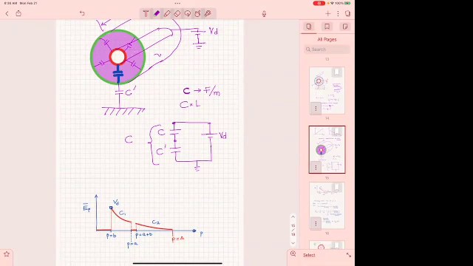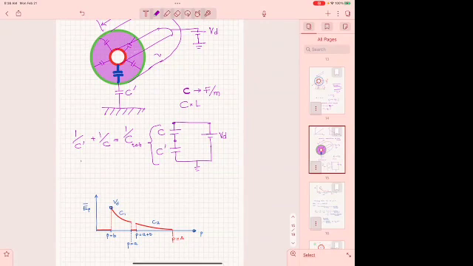So now you have 1 over C total equal to 1 over C prime plus 1 over C, which implies the smallest, which is C prime, is the biggest term.